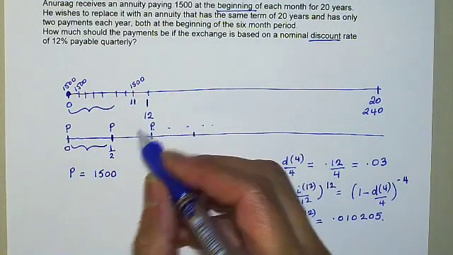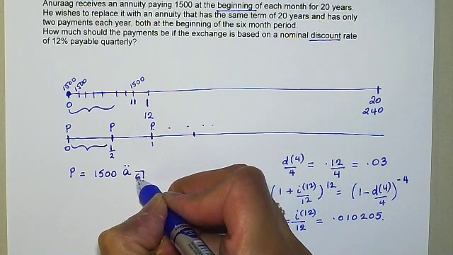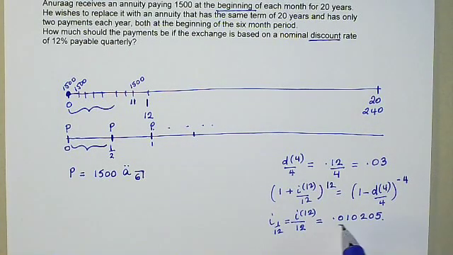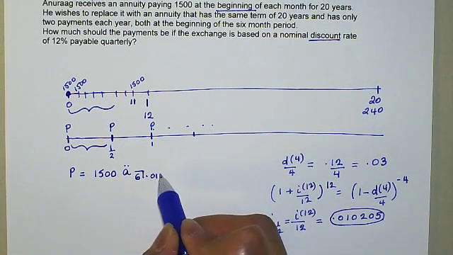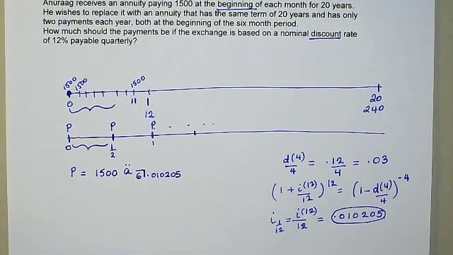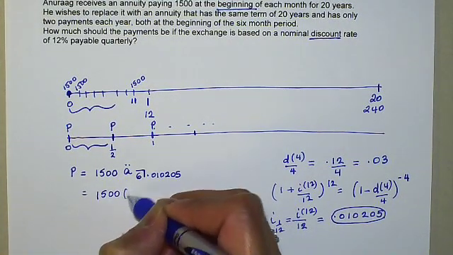P equals 1500 a double dot angle 6. See this? These payments start immediately. Oh, and double dot, right. a double dot angle 6 at what rate? This rate. The monthly rate. 0.010205.